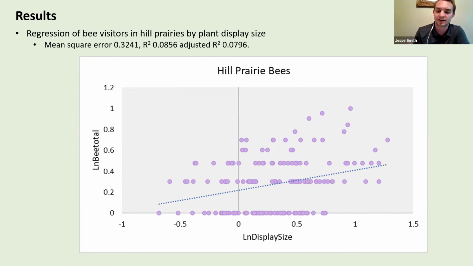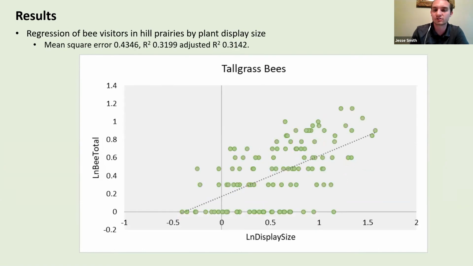That is as close to an accurate representation as I can get for the display effect that a single plant may have. For hill prairies, we see a gentle trend: the larger the display size, the more visitors will occur. In the tallgrass prairie, we see a very similar trend, however, it's a little bit more evident and stronger in that relationship.